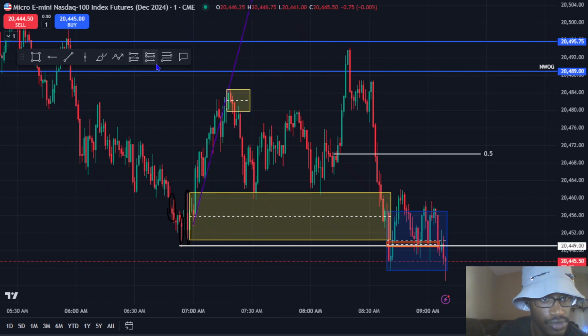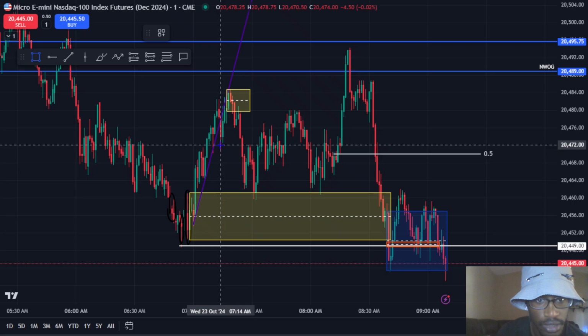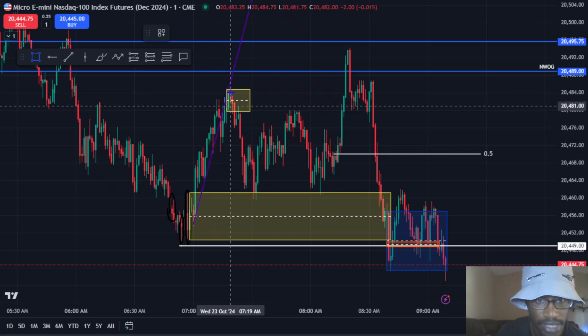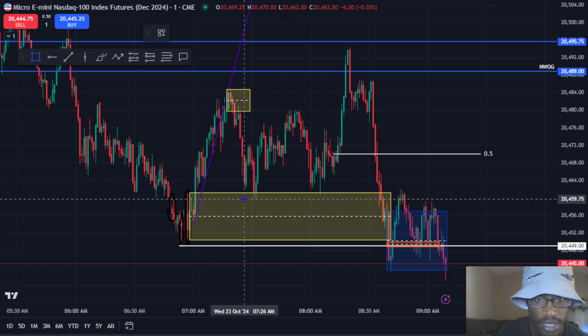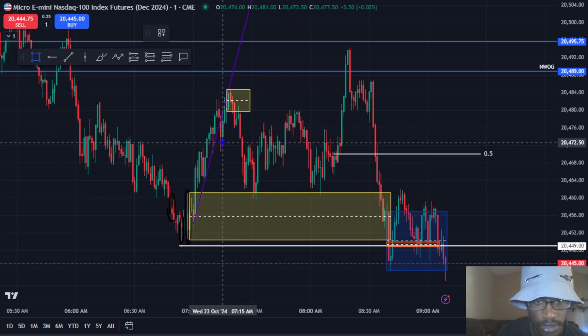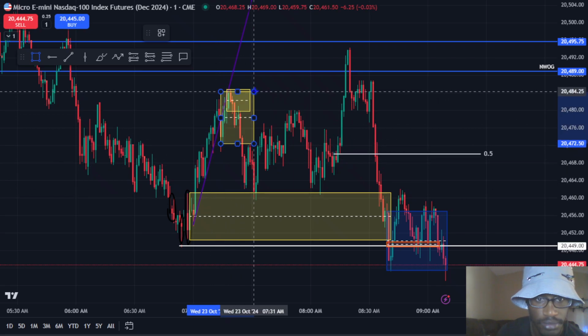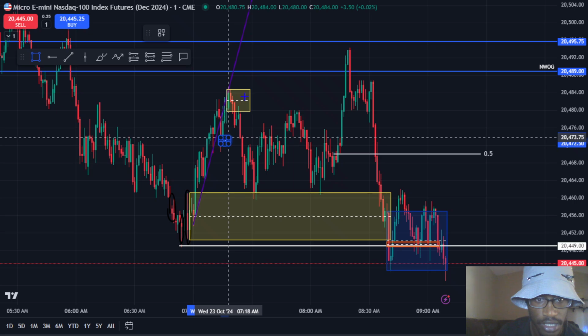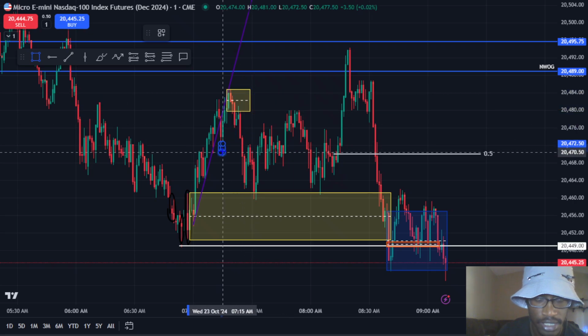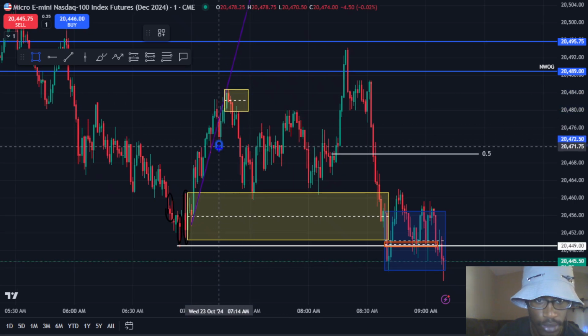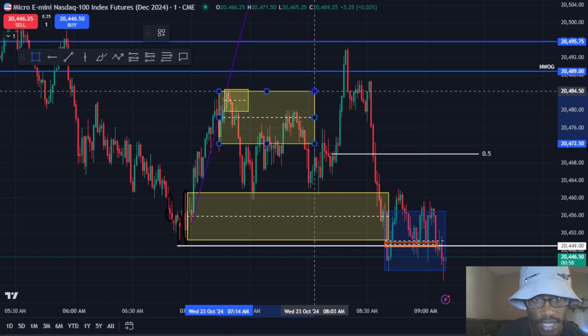Then if you wanted to draw the full zone, you'd be drawing it from the last up candle, the last up candles down until it broke it. So boom, from this low to this high. You can consider this low the real low with the red candle, but I don't use that.